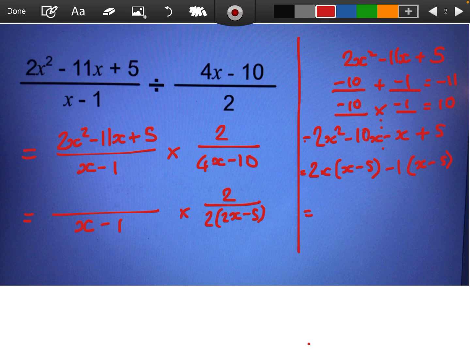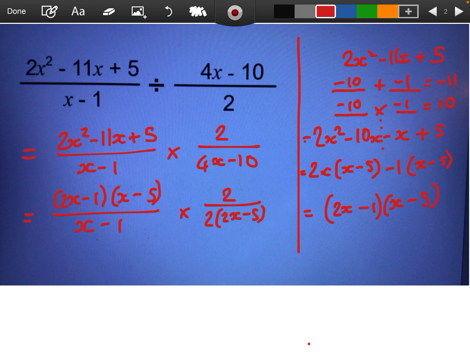Okay, now when I group this together, I go 2x minus 1, x minus 5, and we can just see here that gives us our negative 11x, it gives us our plus 5, and it gives us our 2x squared. So now I can say 2x minus 1, x minus 5.